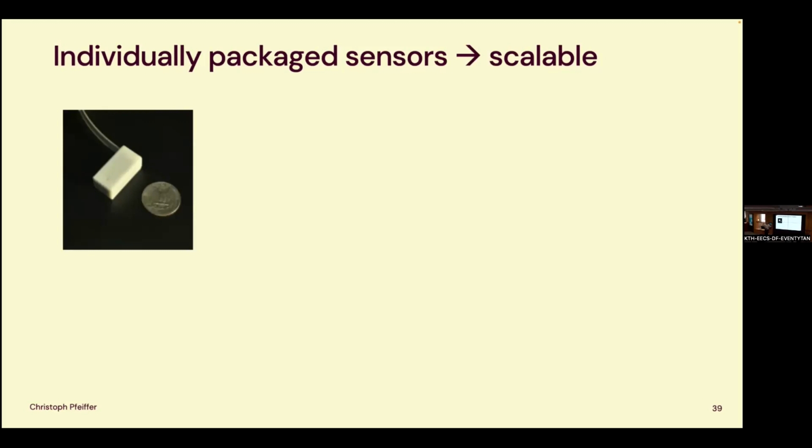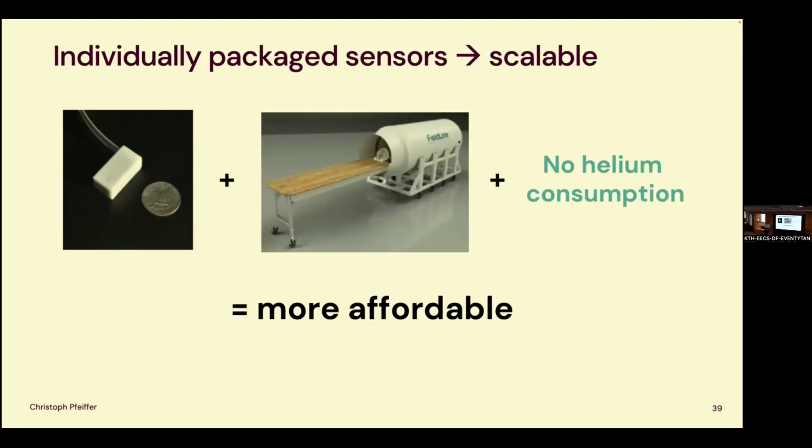So you don't have to buy a whole system or nothing. You can have a few channels. You can buy a few sensors, then maybe upgrade at some point or not. Sounds very simple, but I think this might be a pretty important point, because if you combine this with much cheaper and simpler to accommodate shielding, and then the lack of helium consumption, it means that a system like this can be much more affordable.